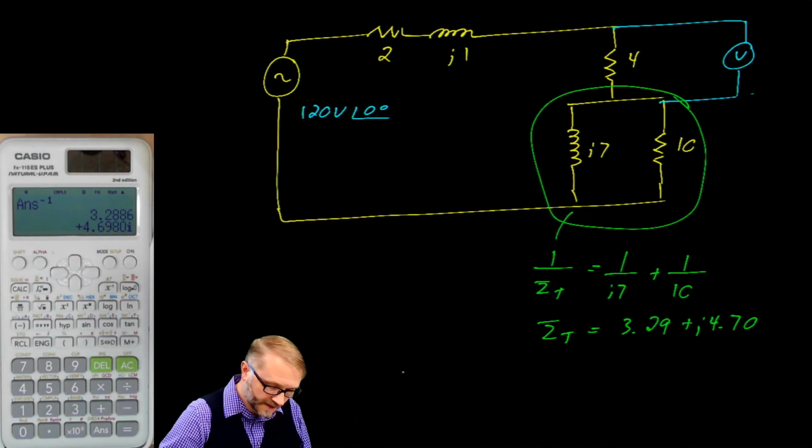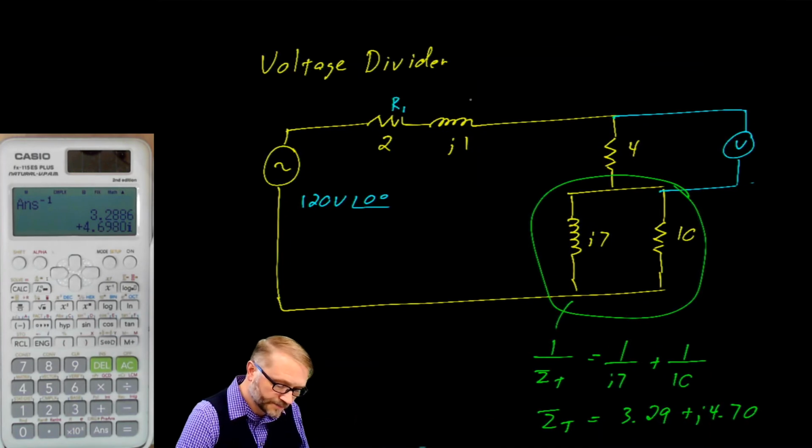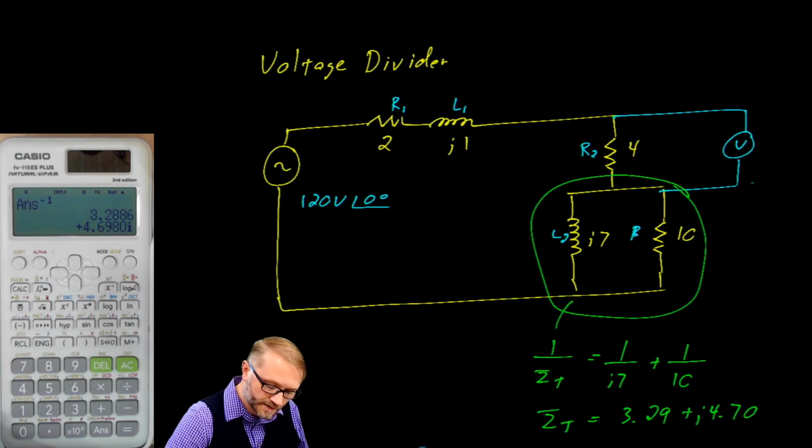Using the voltage divider, the voltage on R2, this is R1, L1, R2, L2, R3.